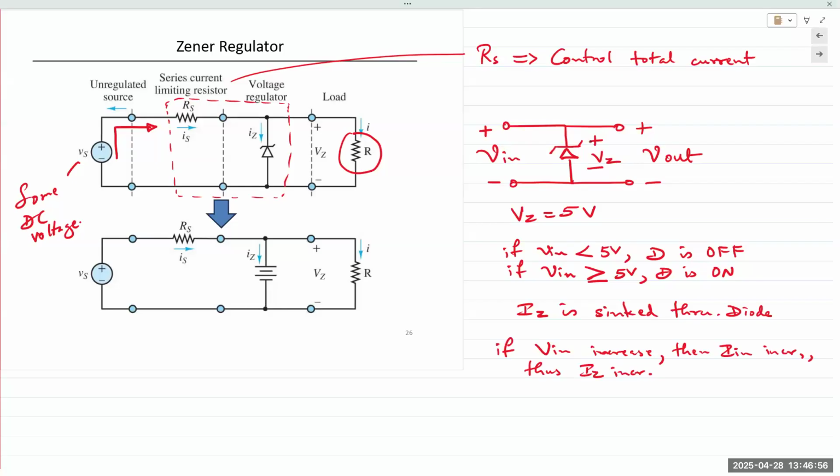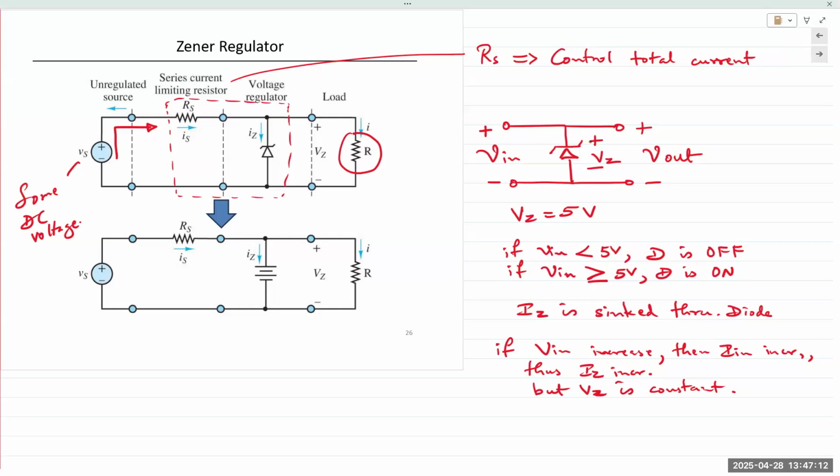Okay, VZ remains constant. And that's it. That's the operating principle of a Zener diode regulator.